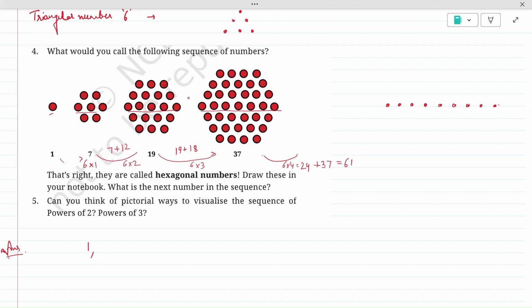And then we have to make it in decreasing order. It was 9, now I'm making 8, followed by 7, then followed by 6, and then 5.